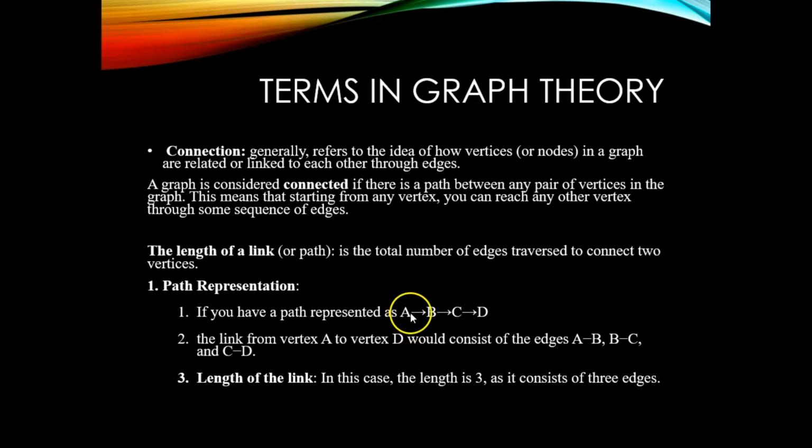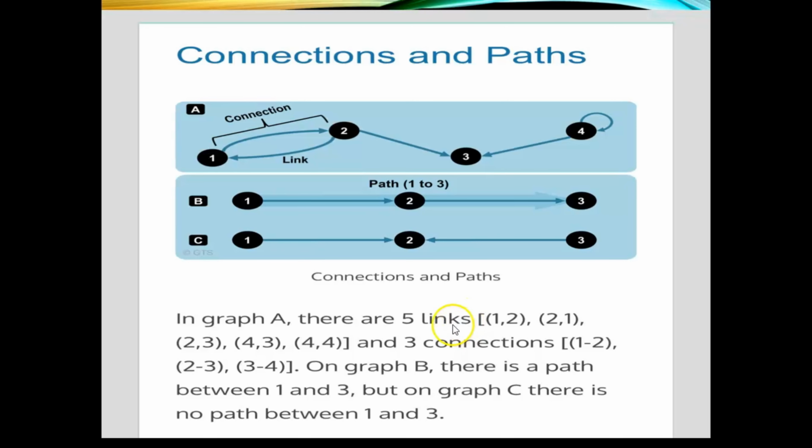If we have a path from A to B, and paths going from B to C and still going from C to D, and we want to know the length of the link, then we have A to B, B to C, then C to D. That means from this, we have 1, 2, 3. The length of the link, in this case, is 3 as it consists of 3 edges. We're still going to be looking at more examples on this.